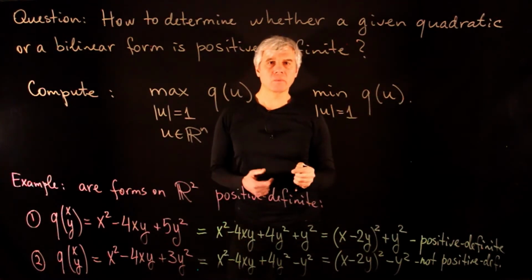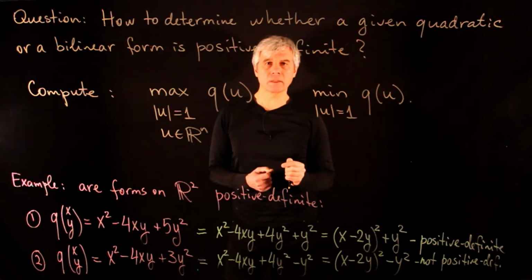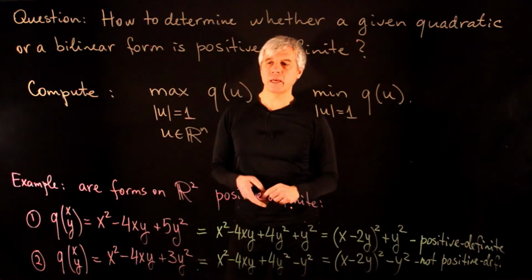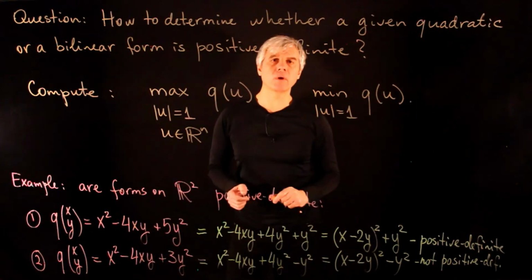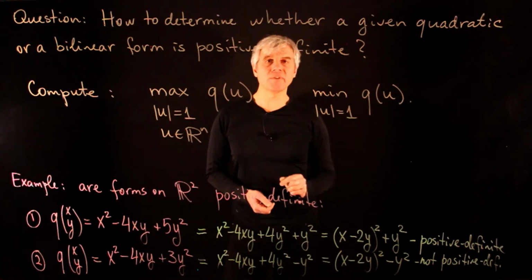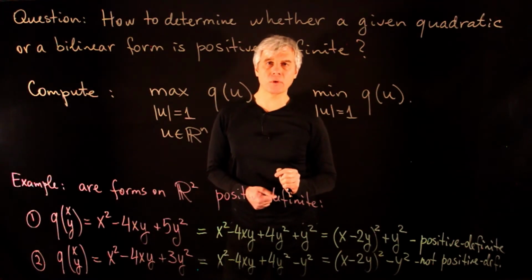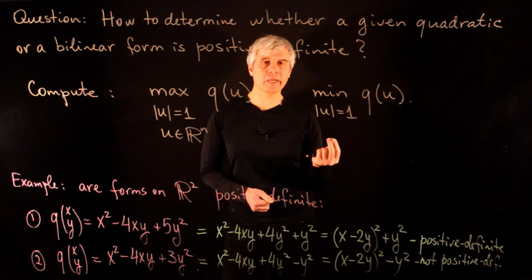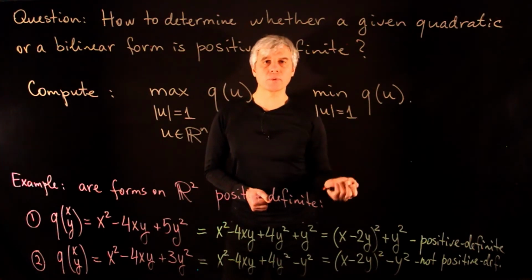So that is, we take the unit sphere in vector space Rn and the given quadratic form, and we want to find the maximum value of the quadratic form on the unit sphere and the minimum value of the quadratic form on the unit sphere. So here the unit sphere is of course defined relative to the standard dot product.